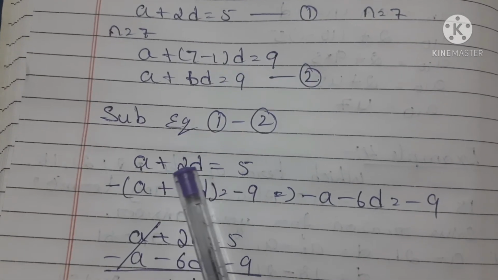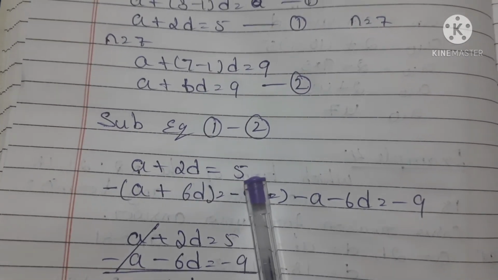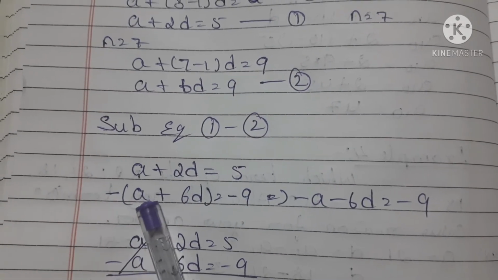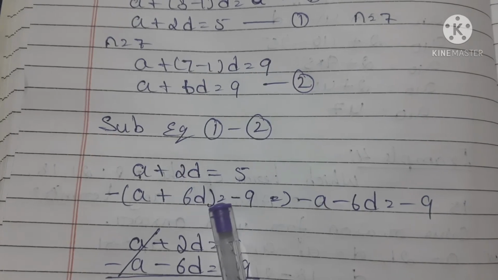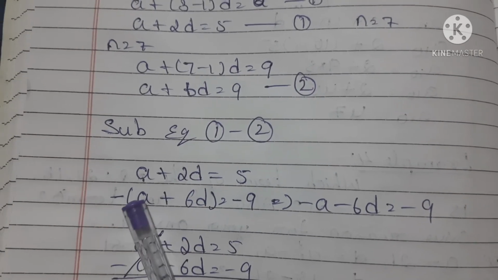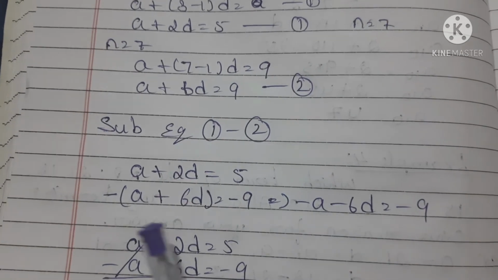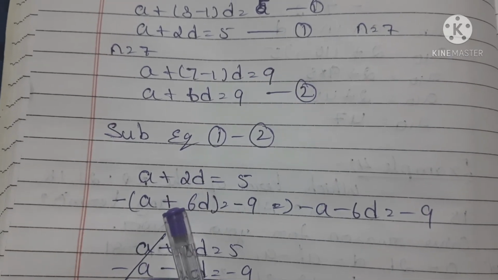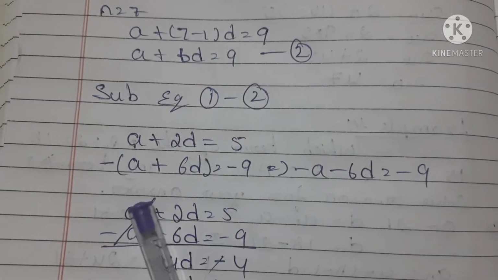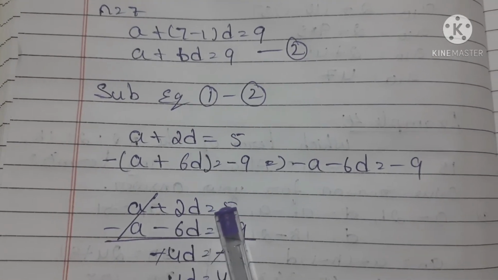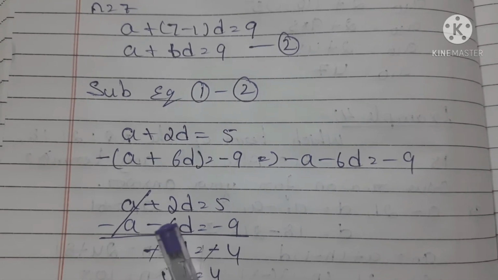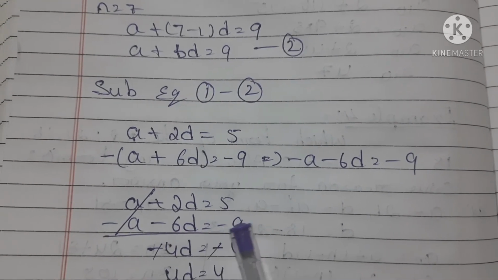Now subtracting these two equations. The first equation is a plus 2d is equal to 5. For the second equation, we take minus of a plus 6d is equal to minus 9, so minus a, minus 6d is equal to minus 9.